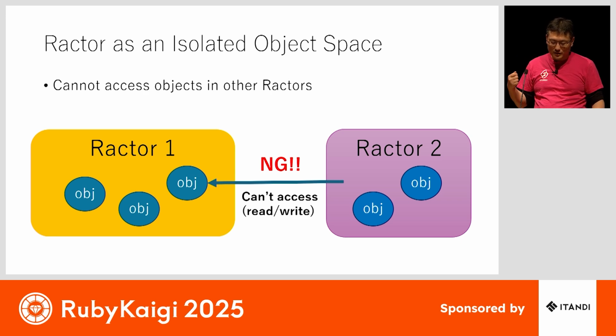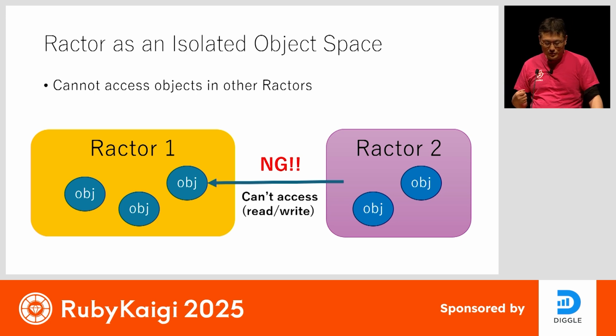This means that Ractor 1 can't read or write objects belonging to Ractor 2. This strict isolation guarantees thread safety and avoids bugs from shared mutable state. This is the foundation for Ractor's robustness and safety.